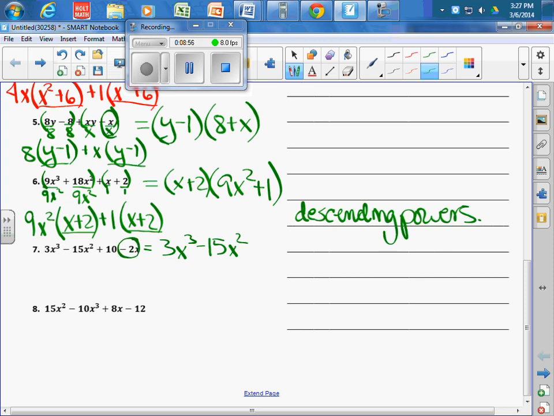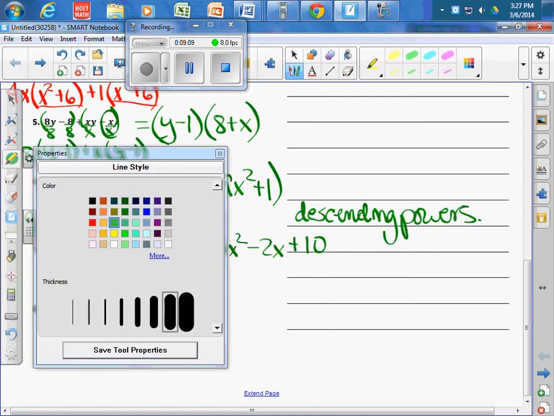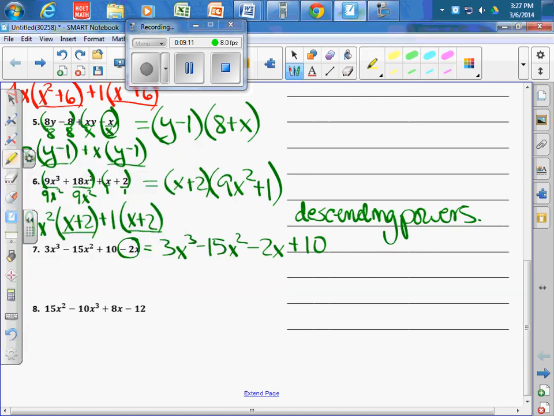The next term will be minus 2x and then the plus 10. Does that make sense? So that we have, let's do pink here, x to the third, x squared, x to the first. There are no x's there, so this is in descending powers.